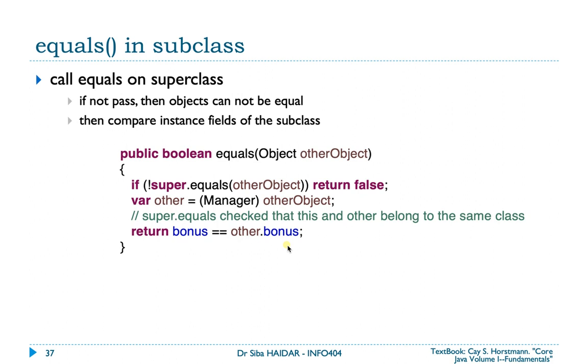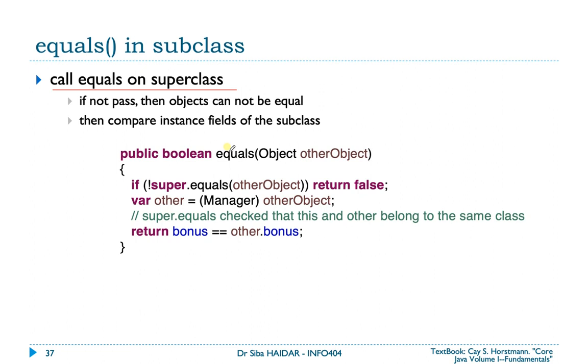So inside the equals of Manager, you have to call the equals of the superclass. You have to call super.equals, because two managers cannot be decided as equal or not equal unless their super method considers them as equal, and then you will have to compare the more specific features of this subclass.